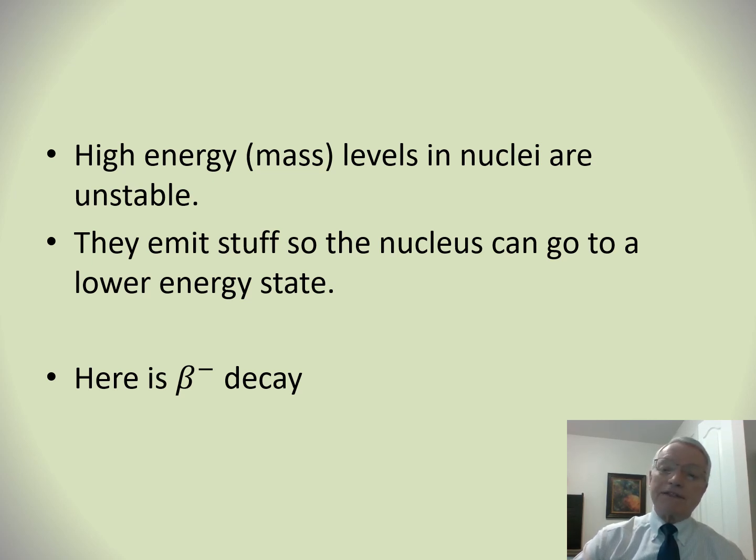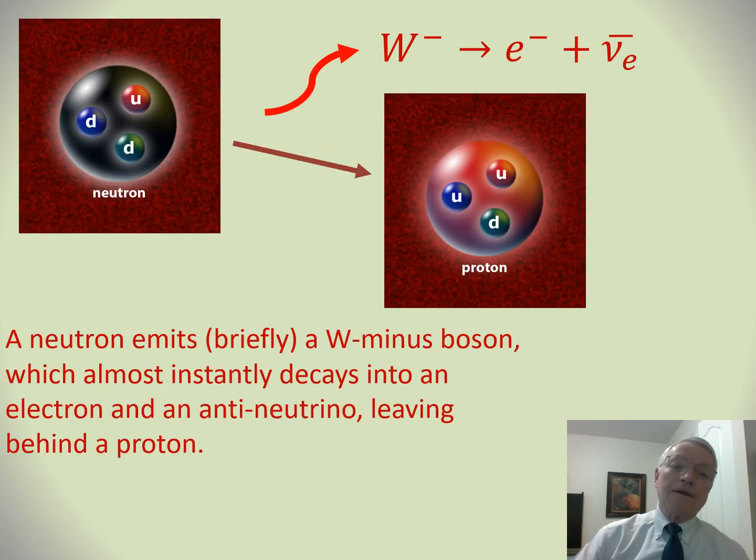Although the decay looks very similar to what happens with photons. Here's beta minus decay with all the details shown. You have a neutron, which consists of 3 quarks. It emits a W minus boson, which allows one of the quarks to turn into a different kind of quark, and it kicks out an electron, and the neutron becomes a proton.